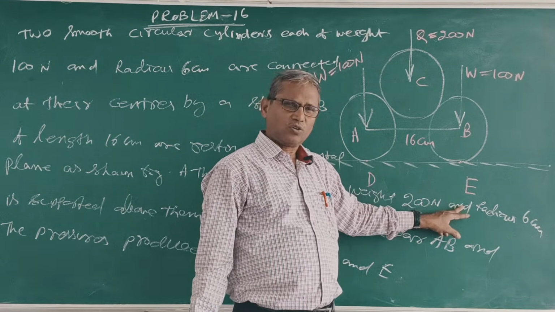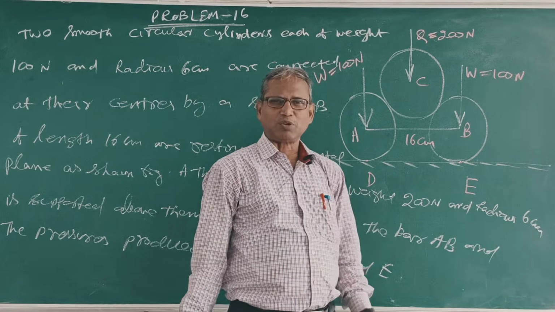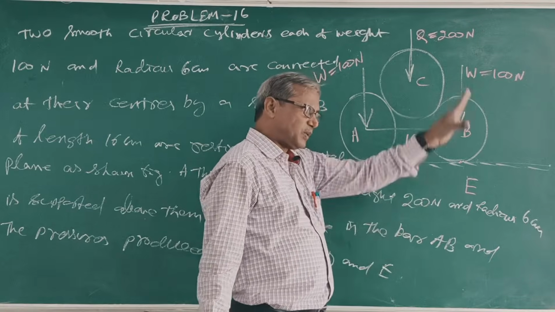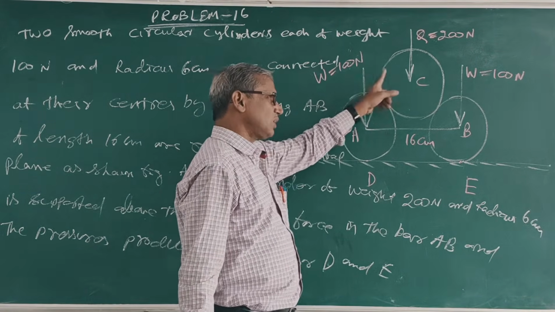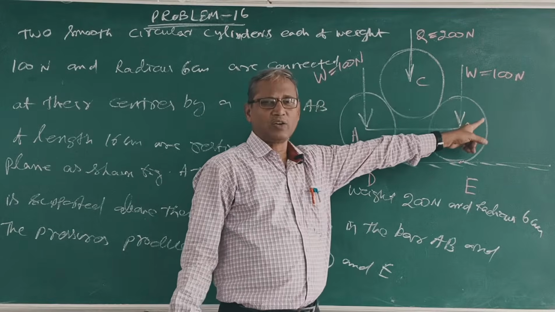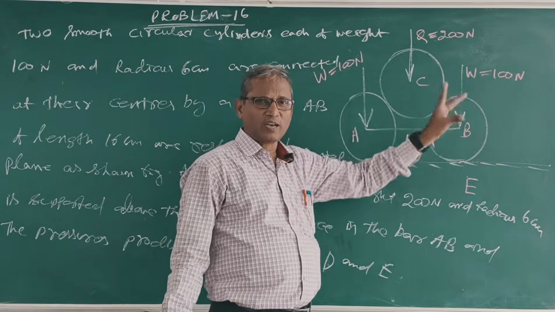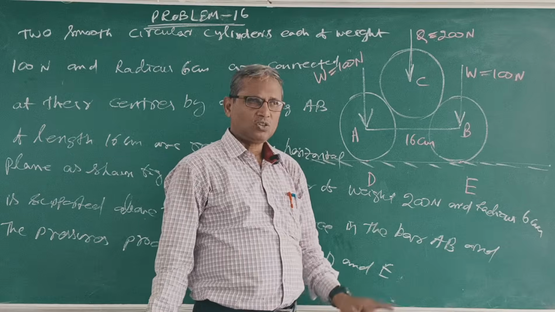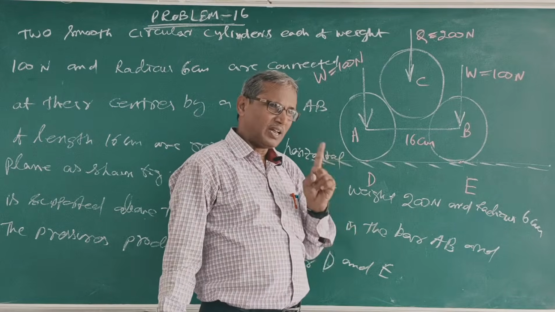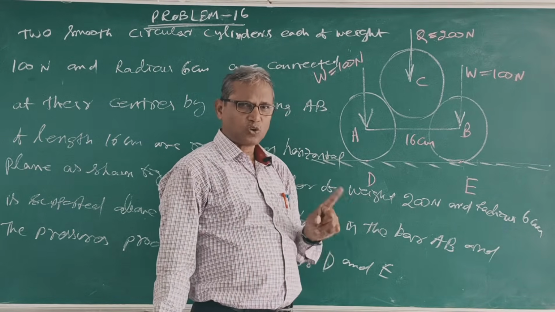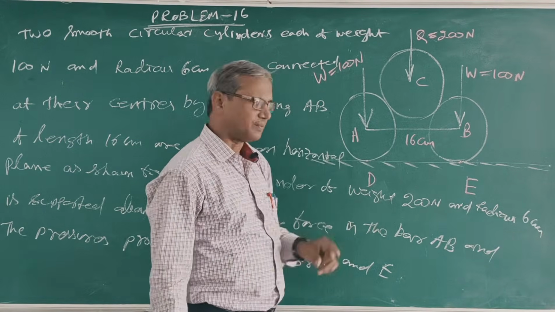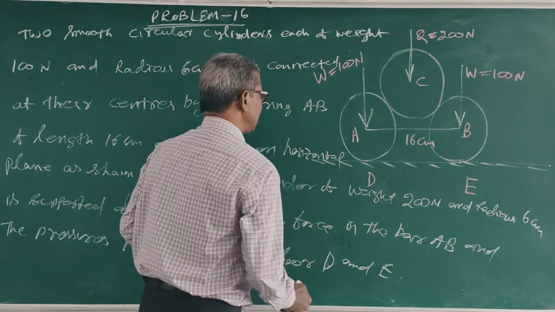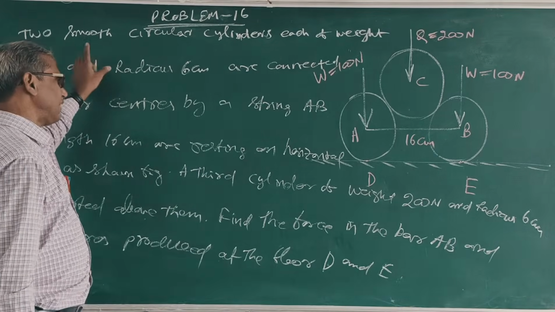We already told you action and reaction are equal and opposite. In this figure, the three weights, 100 Newton, 200 Newton, 100 Newton, all 400 Newton, are action. At the same time, another force acting from the floor upwards is reaction. Question is clear.